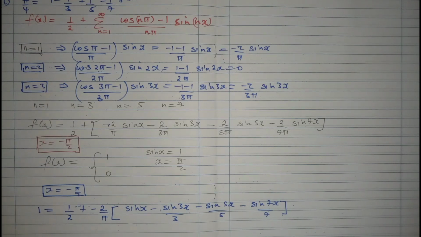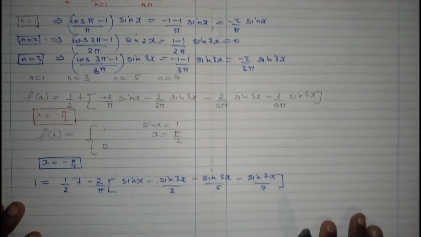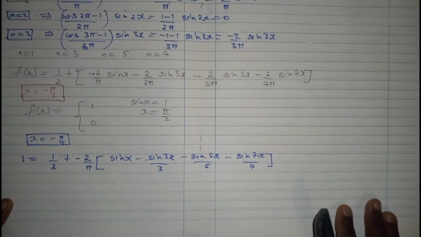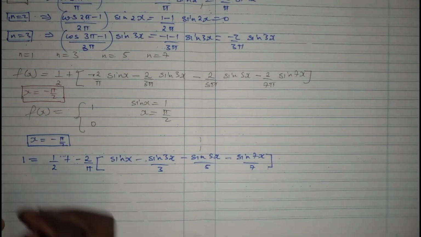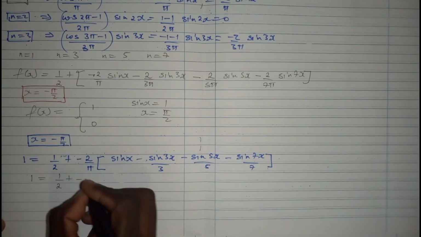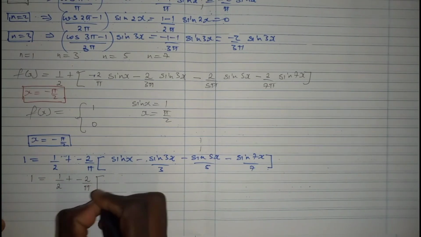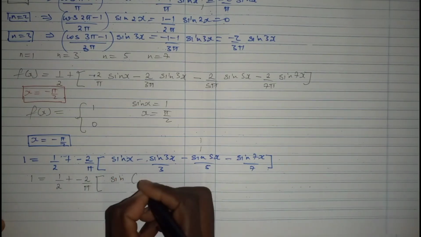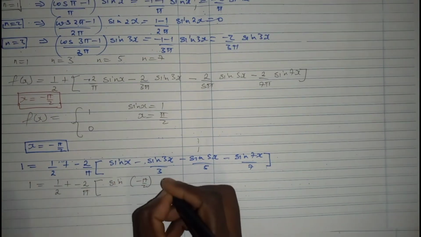Okay, and let's substitute. So we're going to have 1 is equal to 1/2 plus negative 2 over pi sine negative pi upon 2 right here.